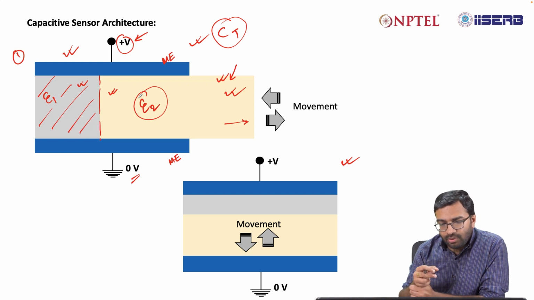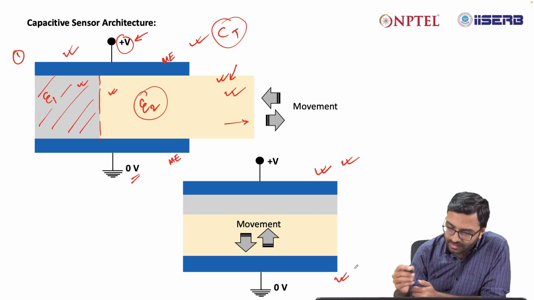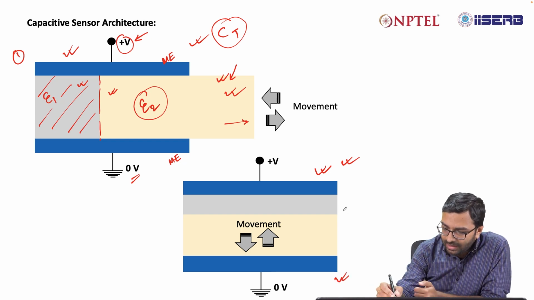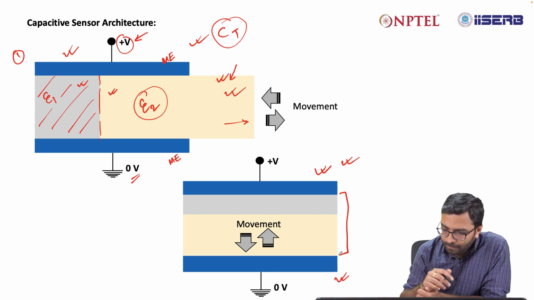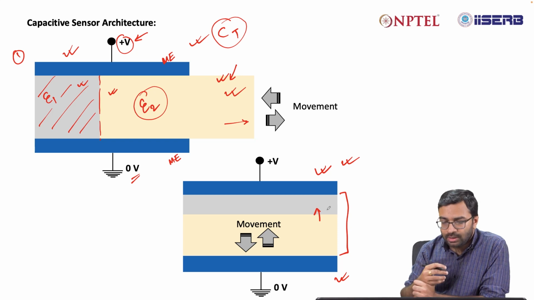Secondly, you can also use this parallel plate capacitor in a situation where the dielectric inside the material is changing in either upward or downward direction.